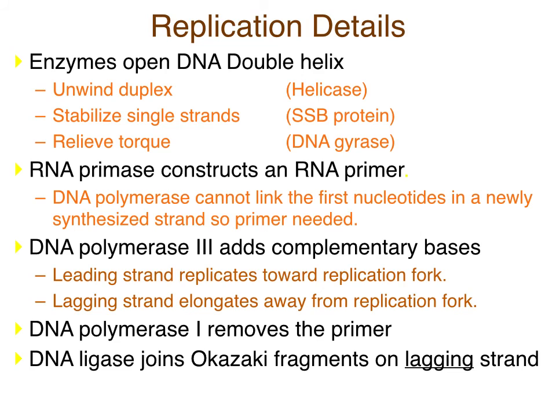Where the DNA has separated, we call this the replication fork. On the lagging strand, it's going to elongate away from that replication fork. And that is because, again, another one of the requisites of the polymerase is that you always have to grow in a 5' to 3' fashion.